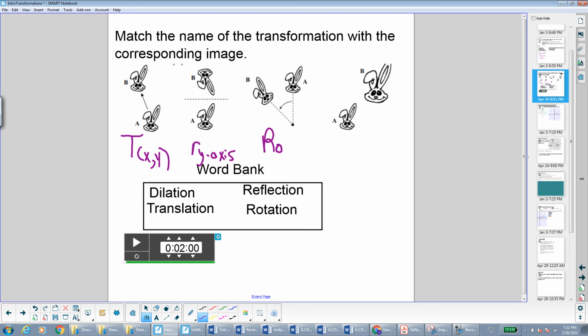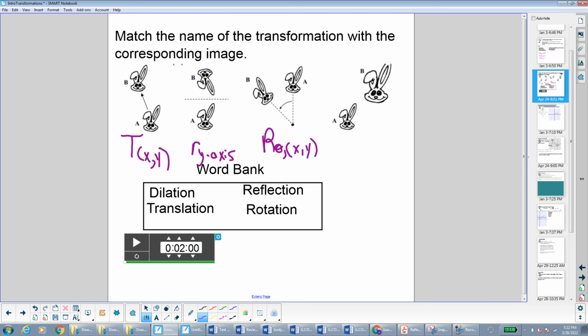I'll indicate the angle as theta, whatever the angle that we're rotating at is, and the center of rotation, whatever the point is that our rotation is centered at.